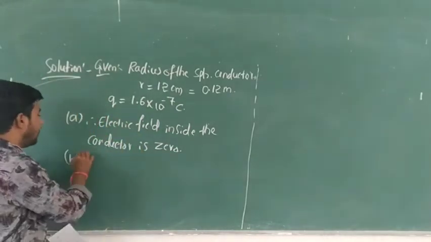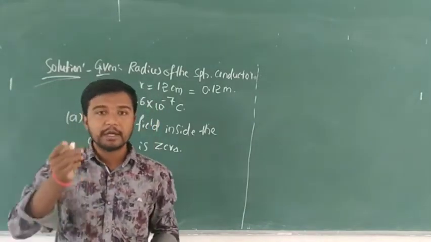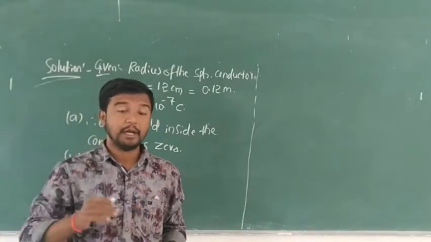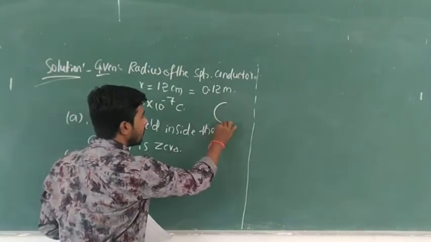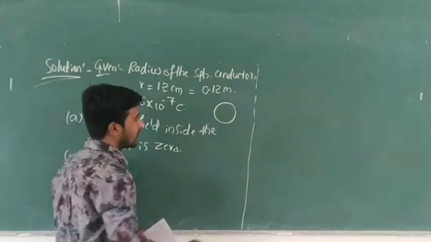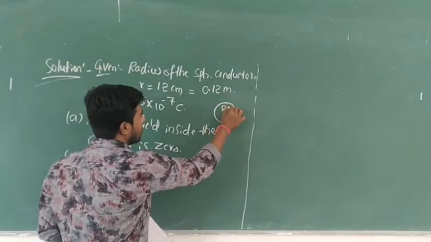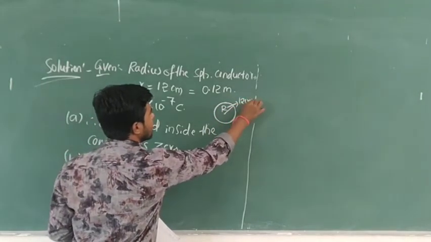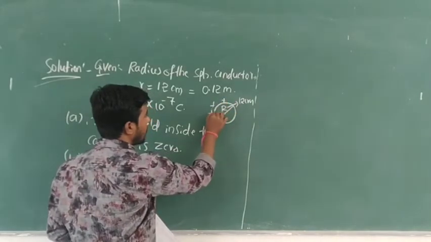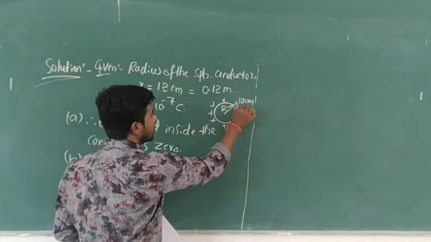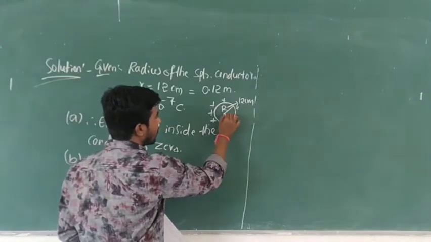Now B. We have to find the electric field just outside the sphere. Here there is a spherical conductor with radius R, 12 centimeter, and it has a charge of 1.6 into 10 to the power minus 7 coulomb.